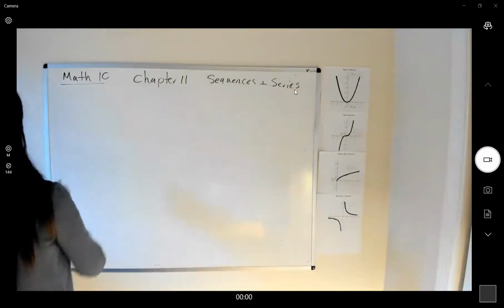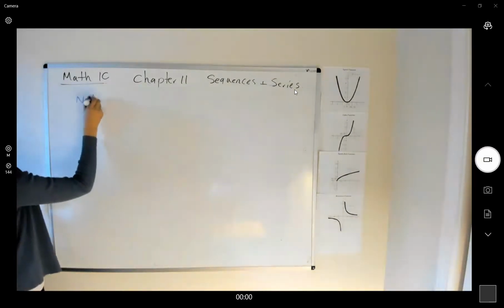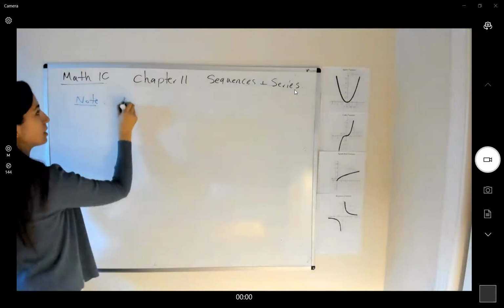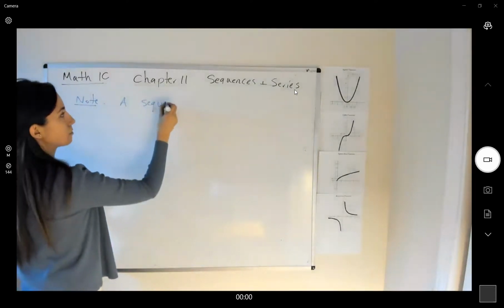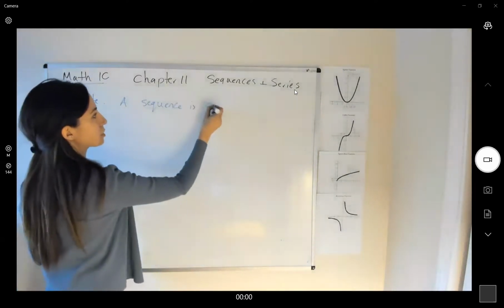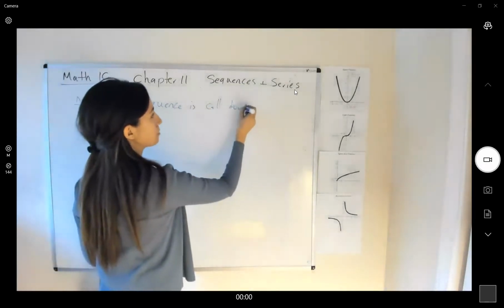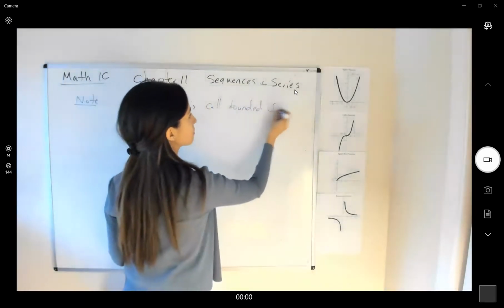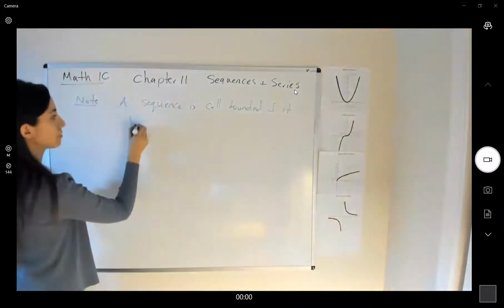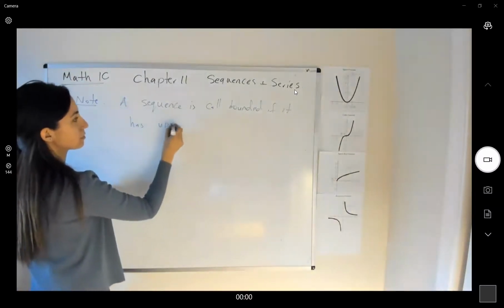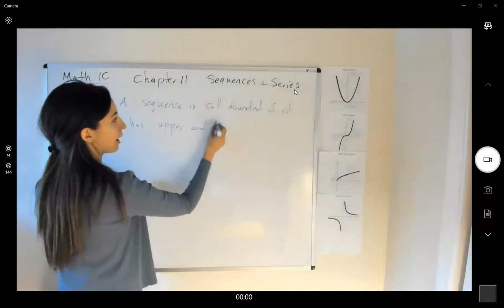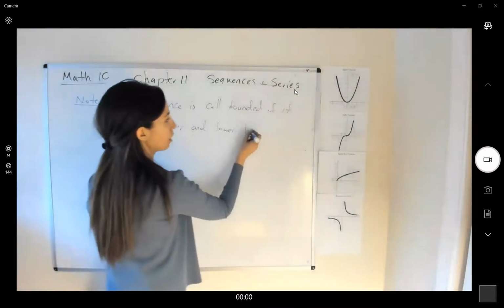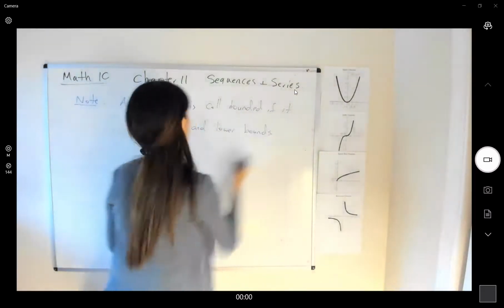So note, a sequence is called bounded if it has upper and lower bounds.